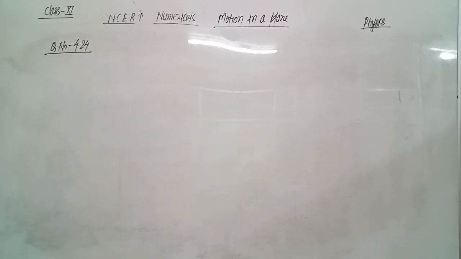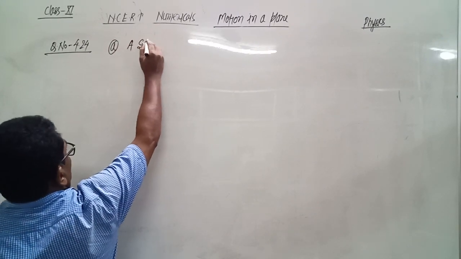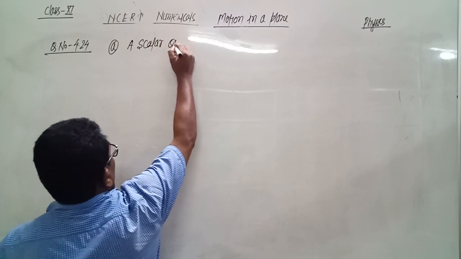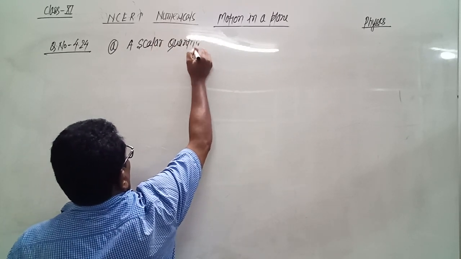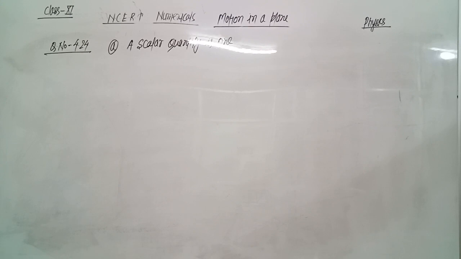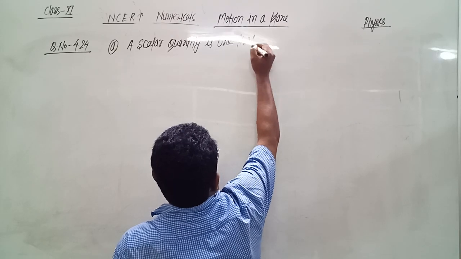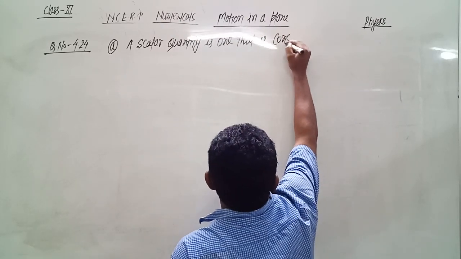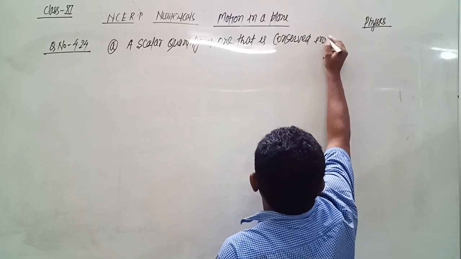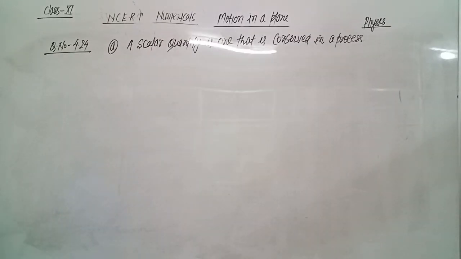The first statement is a scalar quantity is one that is conserved in a process. So is this statement true or false?